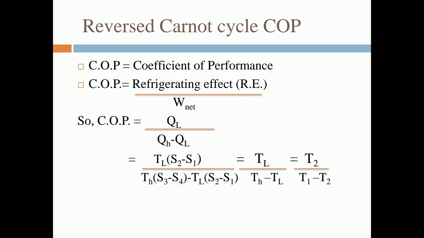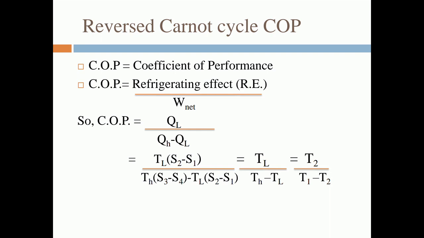As we know, S3 minus S4 is also S2 minus S1 from the reverse Carnot cycle TS diagram. So S2 minus S1 will cancel out and remain TL upon TH minus TL.